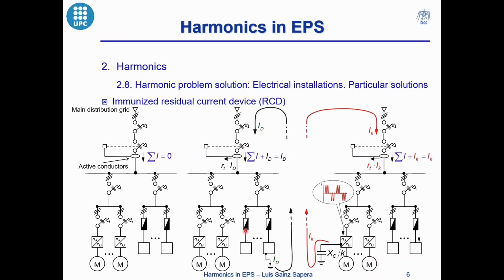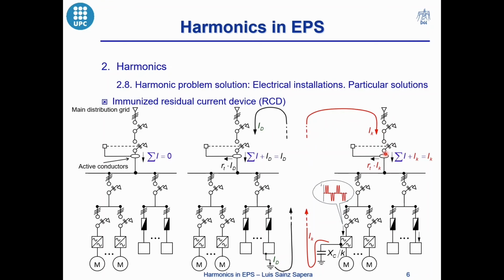Power electronics produce high-frequency harmonic currents which can flow through the parasitic capacitors of the device towards ground as residual currents. These high-frequency currents may trip the residual current switch when they are measured.